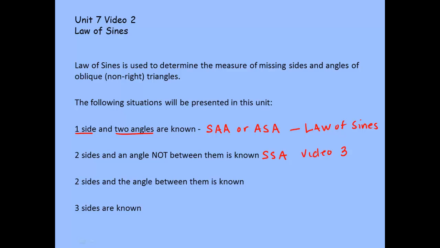The next two situations: two sides and the angle between them are known, and three sides are known, so side, side, side. And these use the law of cosines, which you'll find in video 4. So no need to ask in the comments whether or not there's a law of cosines, because there's a law of cosines.